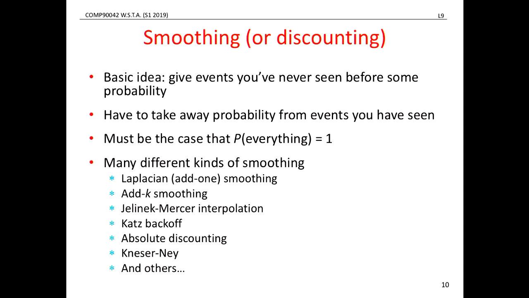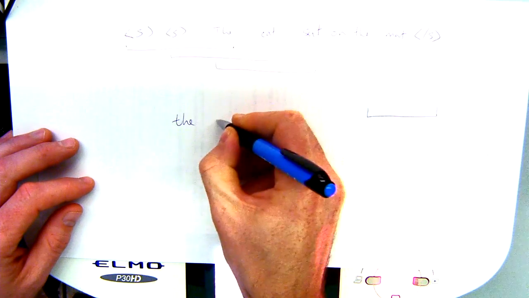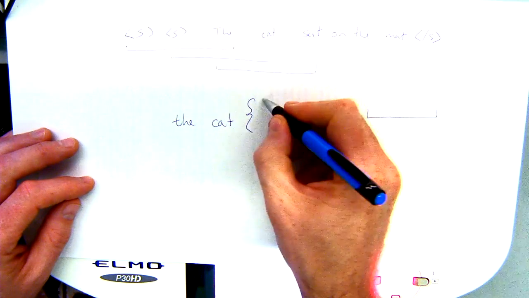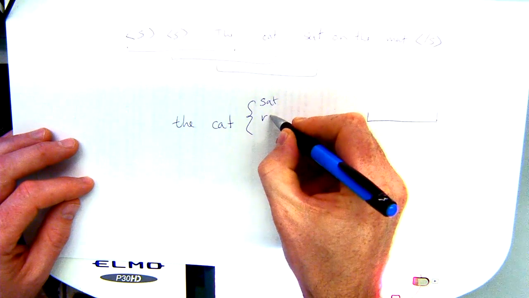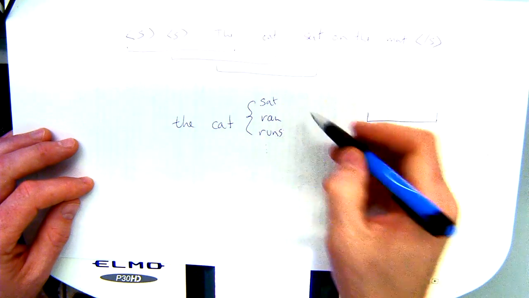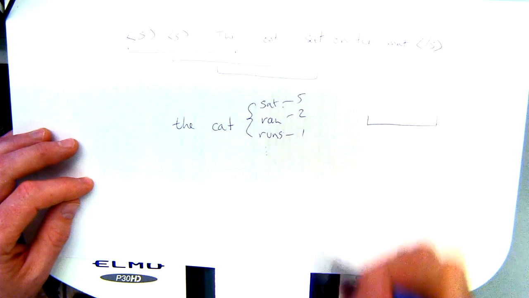Yep? So it's a different order, but let me just flip to here. If in the training set we saw the cat, and there were various words that would follow this. We had sat, we had ran, runs, etc. Maybe we had just these 3. This occurs 5 times, 2 times, 1 time, for instance.